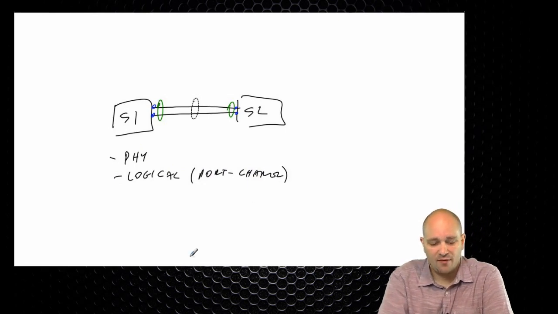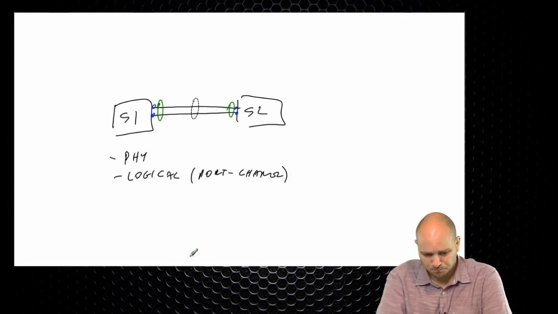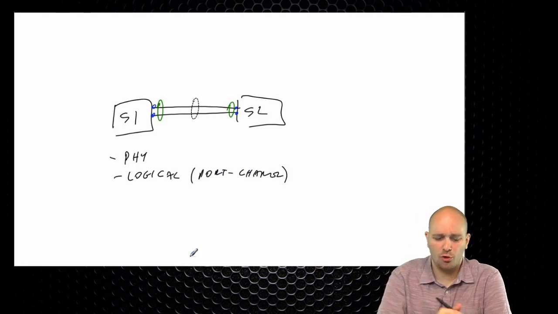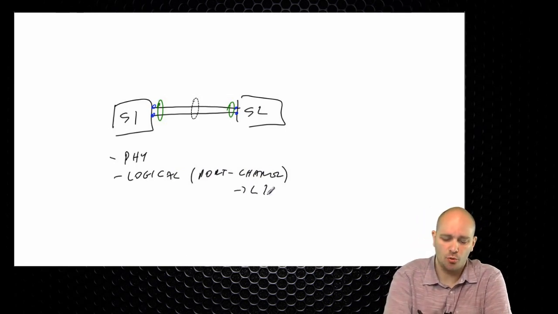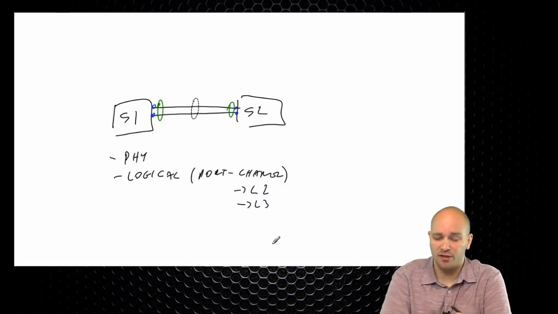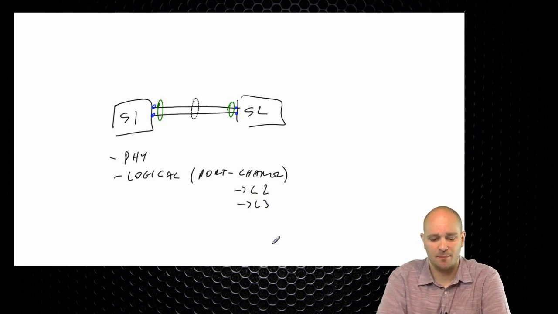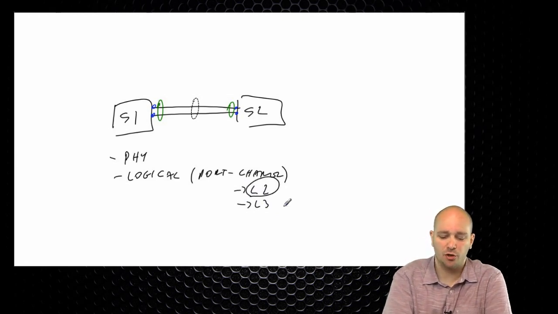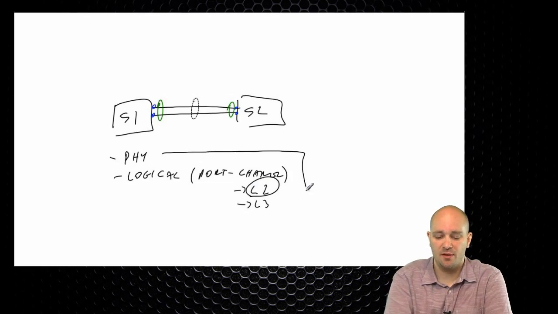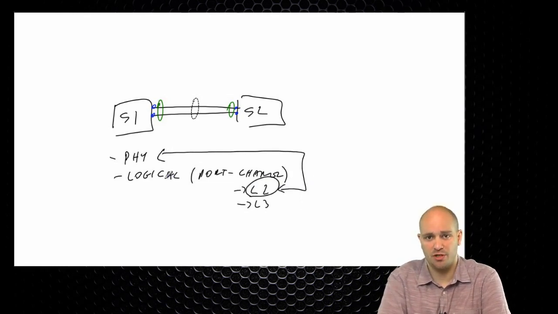Now, when we have port channel interfaces, it's important to know that they can be either layer 2 or they can be layer 3. The configuration is pretty much the same. But when we are using layer 2 ether channels, it's very, very important that the configuration on the physical members and on the port channel interface actually matches.